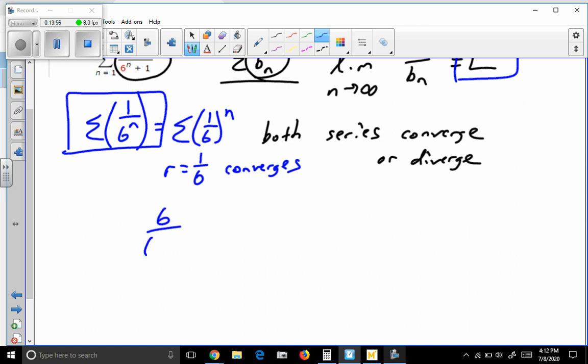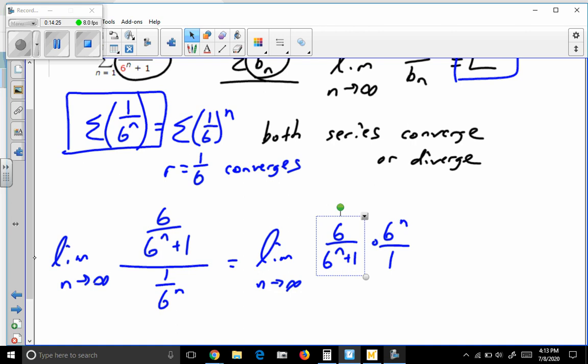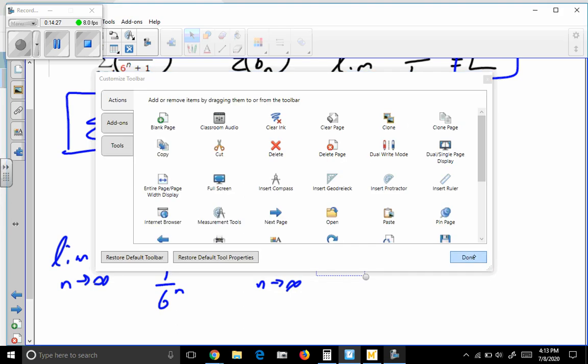So let's do 6 over 6 to the n plus 1 divided by 1 over 6 to the n. We want to take the limit of this as n goes to infinity. Since we're dividing by a fraction, we can multiply by the reciprocal. Several things we can do here.